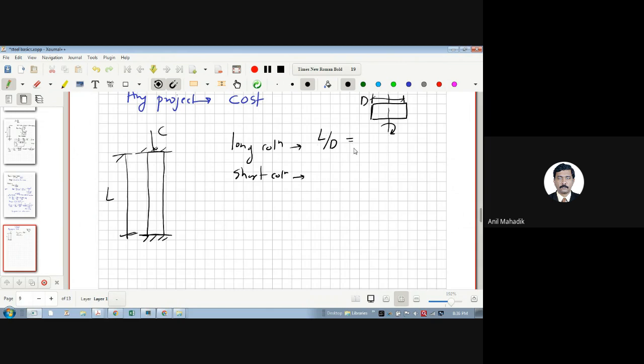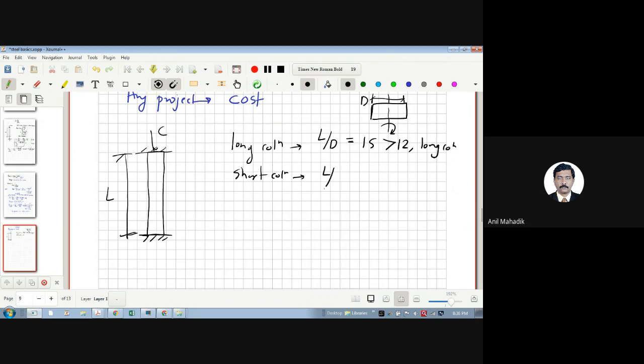So if your L by D ratio is, let's say, 10, which is less than 12, it is a short column. If this value is, let's say, 15 and greater than 12, it is a long column.